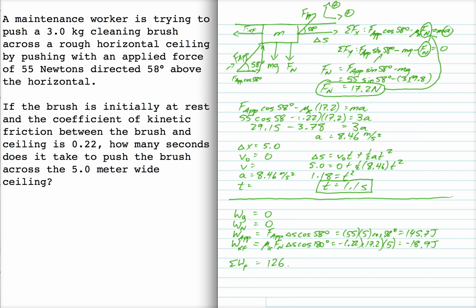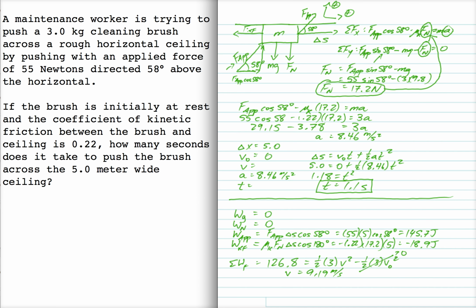That's 126.8 joules. That's equal to the change in kinetic energy, which is 1/2 mv squared minus 1/2 mv naught squared. But of course, it starts at rest, so that term is 0. And that gives me v is equal to 9.19 meters per second.